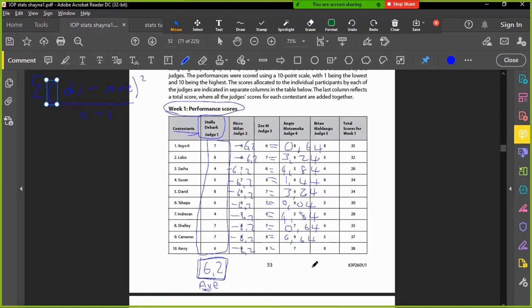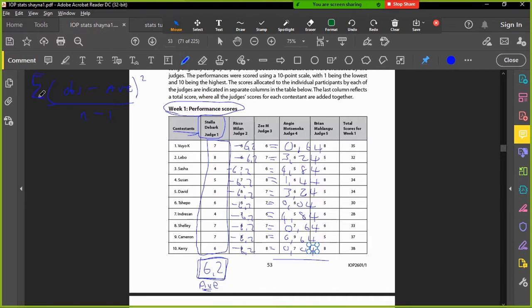Also 0.64. And then 6 minus 6.2 again gives 0.04. Oh, I got 0.04. Ah, it's a 4, sorry. I'm reading it wrong on the calculator. It's a 4. Okay, so that's it. And then what does that say?